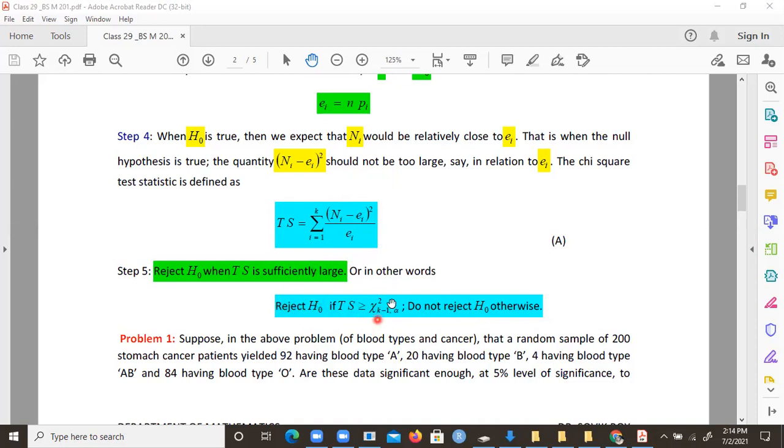We always do so: if the calculated value is larger, we reject H naught. And if your calculated value is less, we fail to reject H naught.